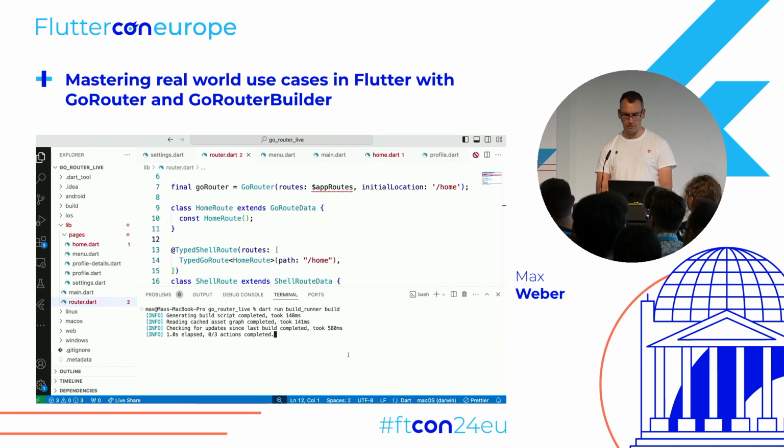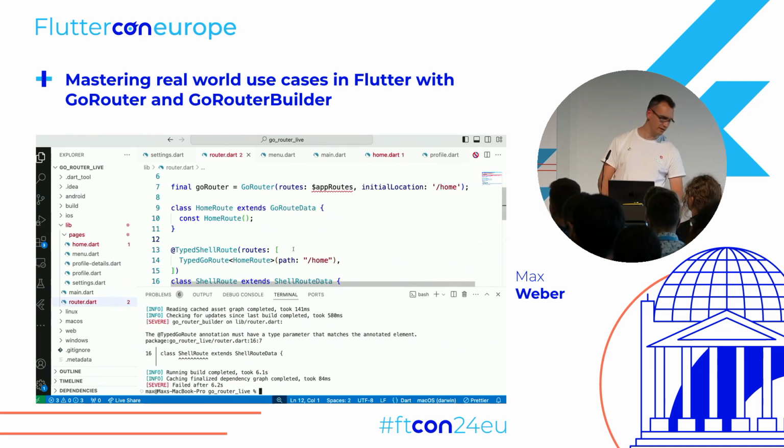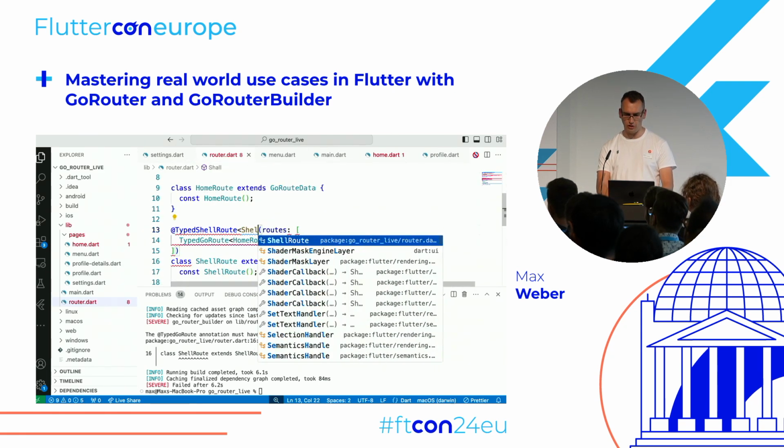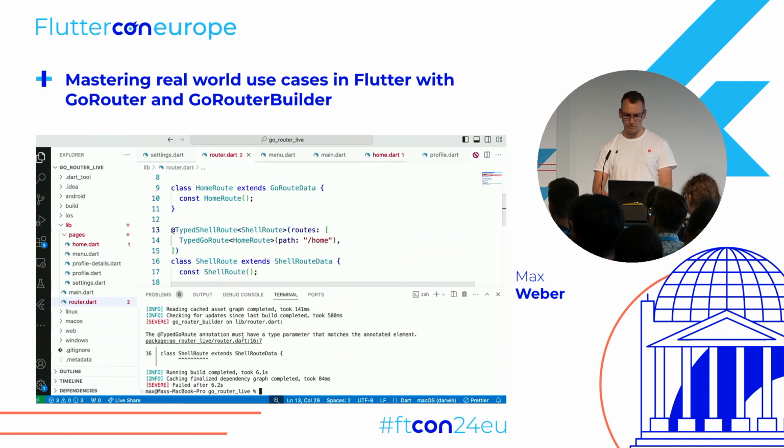And we are building. And come on, I want to show you something before it's ending. No, still running. No, the problem is we have to pass in the shell route. Great.